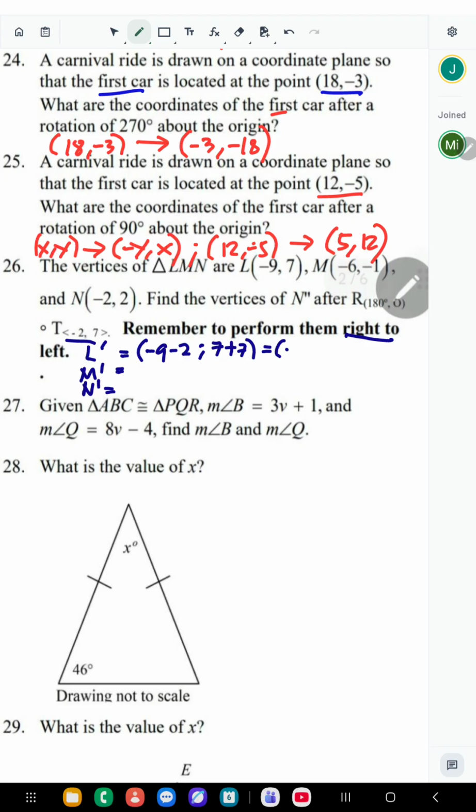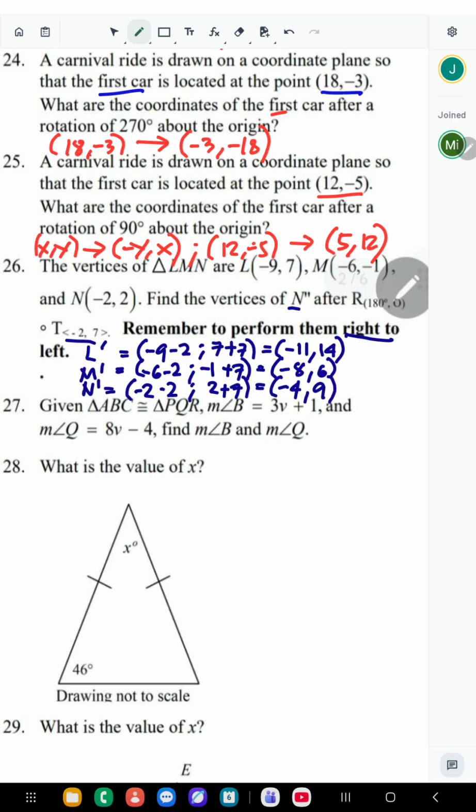So this is negative 11, 14. Then for point M, that is negative 6 minus 2. Then negative 1 plus 7. So this is negative 8, 6. Then for N, we are asked for N. Negative 2 minus 2, 2 plus 7. So this is negative 4, 9. So we are only asked for N.